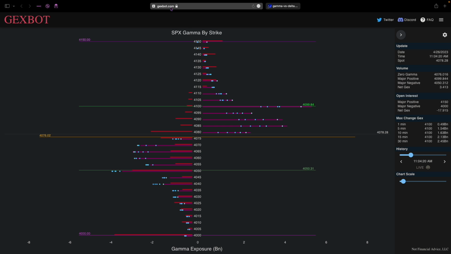So we can think about it like that: at least for the purposes of a call, if we're underneath that call and that call is being added to, then from a gamma exposure perspective, it is pulling us up.